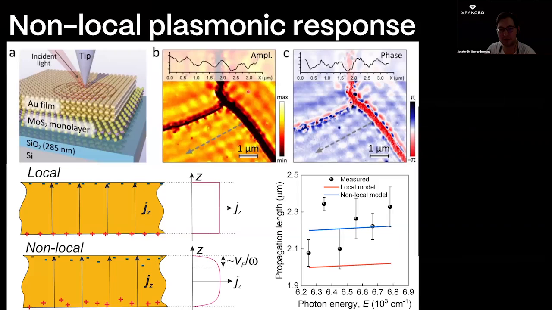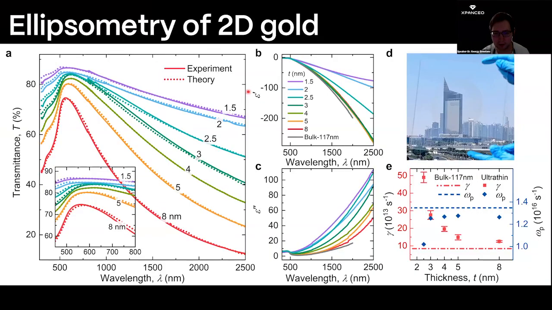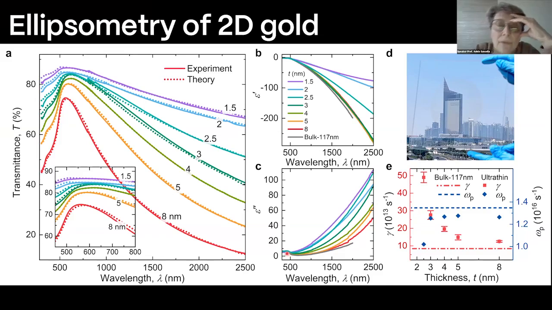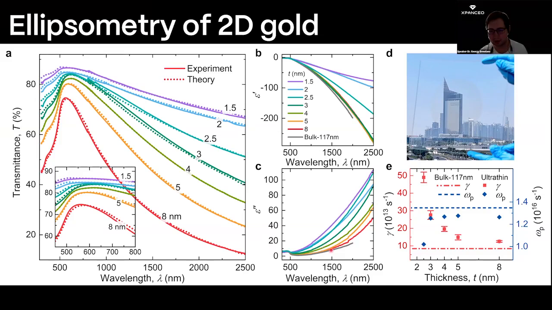We tried the usual Drude-Lorentz model. We use Lorentz because in the short wavelength regime there are interband transitions in the gold. But for the long wavelength regime, we need to account for the contribution from the free electrons, and these free electrons are nicely reproduced with the Drude response.